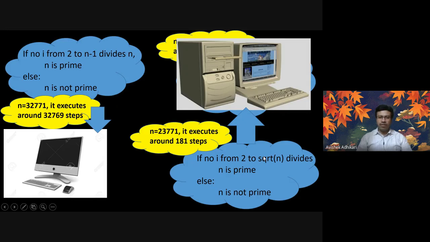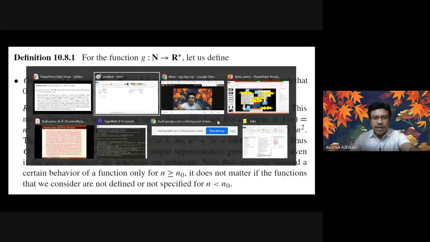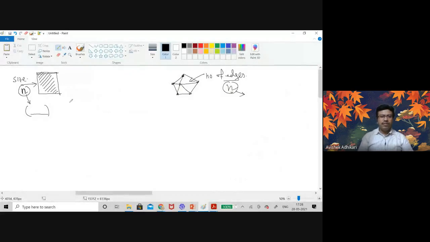But in many cases it may be very difficult to find the exact number of times. For example, some algorithm has input n, and the number of steps it takes is like n to the power 98 plus n to the power 42 plus maybe n to the power 36 plus 7960 n square plus 1.